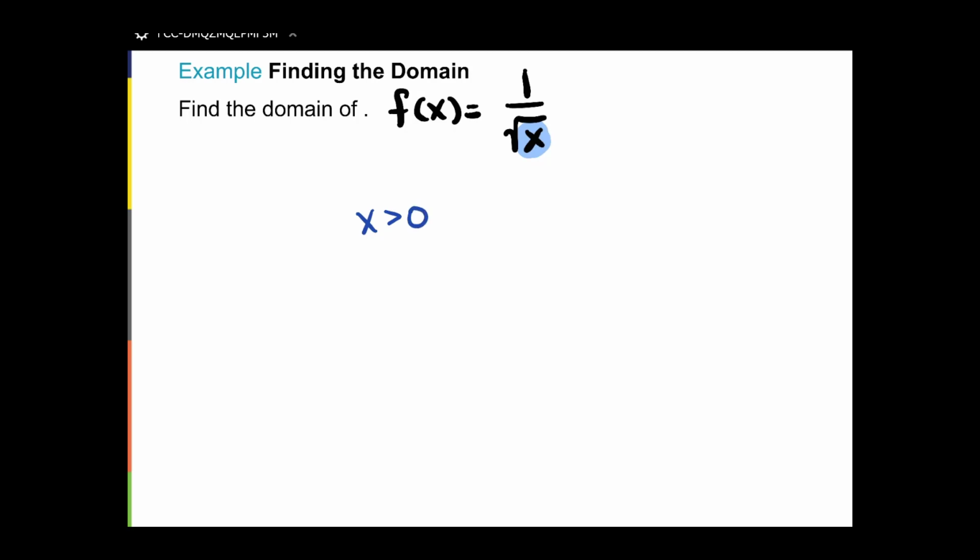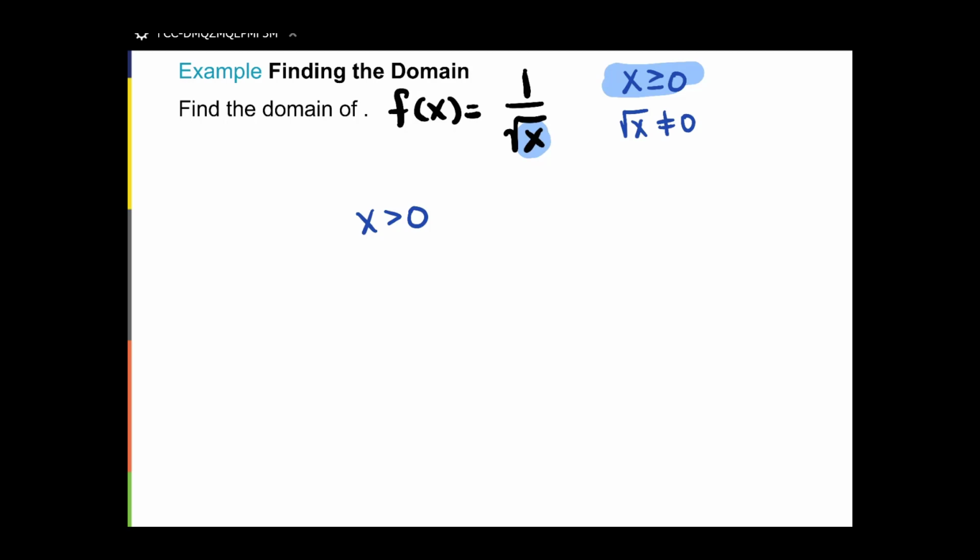Because you've got multiple things going on, you've got the rational function of a square root, so 1 over the square root of x. We know that the x, because it's under the radical sign, has to be greater than or equal to 0. And we know that the square root of x, because it's in the denominator, can't equal 0. So the first one is already solved: x has to be greater than or equal to 0.